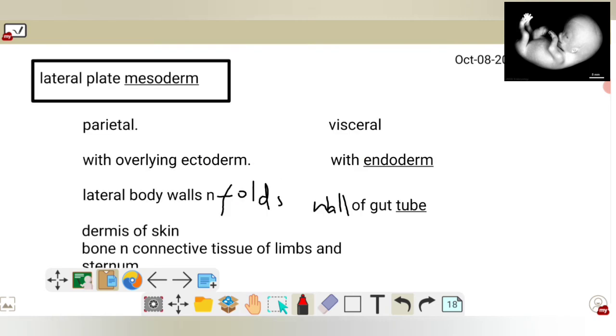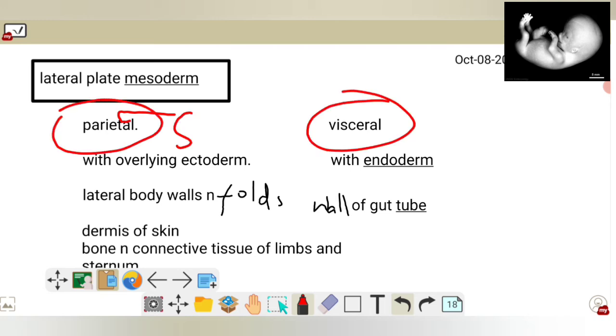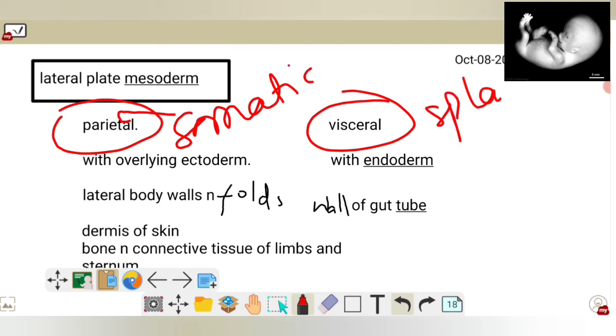Now lateral plate mesoderm. Lateral plate mesoderm is of two types, parietal and visceral. That is, parietal is somatic and this is splanchnopleuric mesoderm.